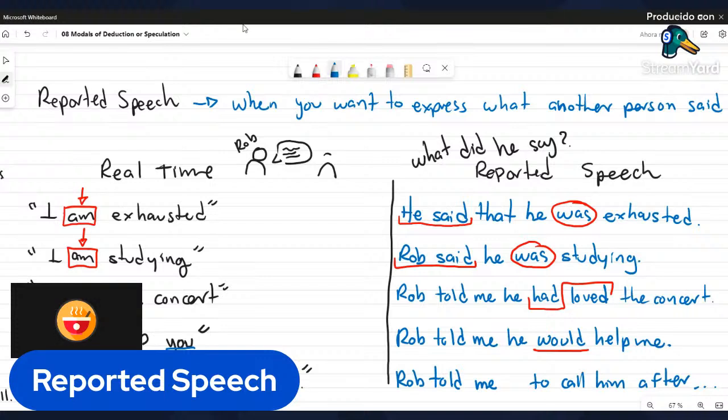So as you can see, that's the way I can report. And what happens here when a person is giving you an order or is asking you to do something for that person, you can say Rob told me, and then the infinitive form, to call him. Yes. So that's the way I can report speech. That's the difference between real time and reported speech.